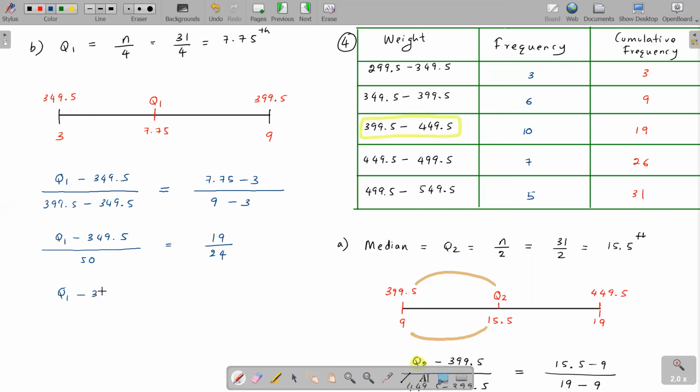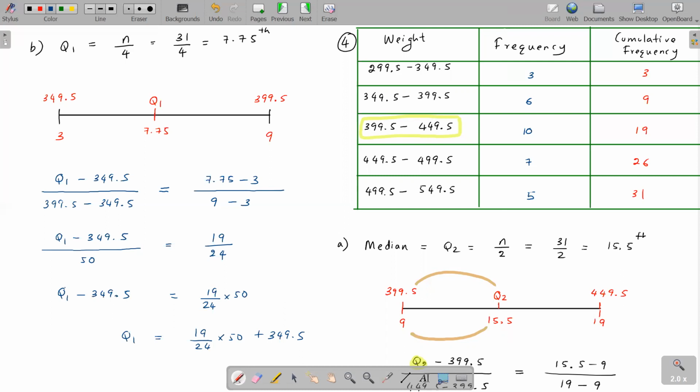Q1 minus 349.5. The 50 division will go to the other side as a multiplication. Then you get here Q1 equals 19 over 24 times 50 plus 349.5.